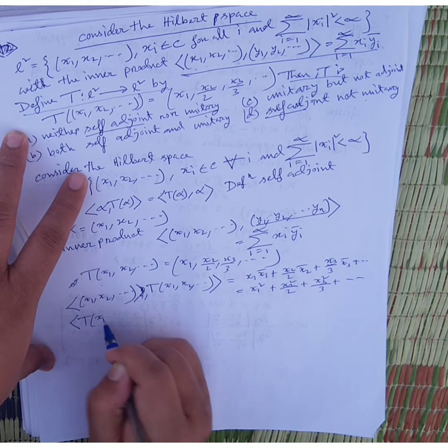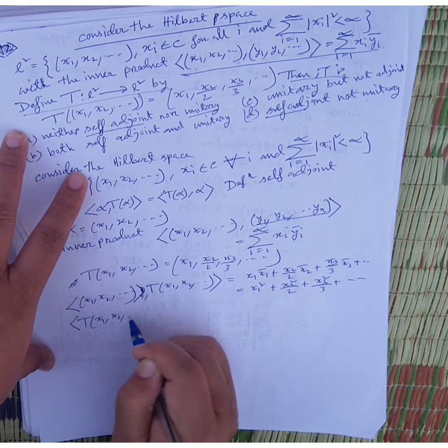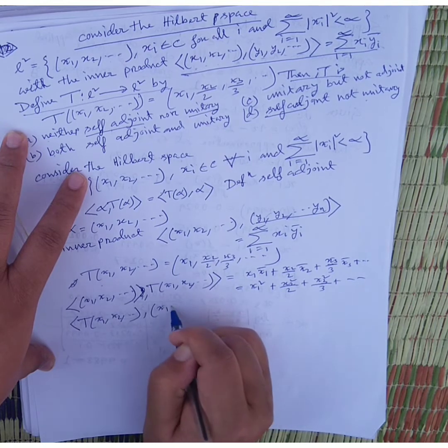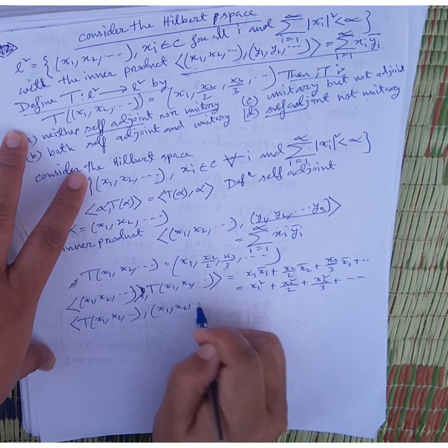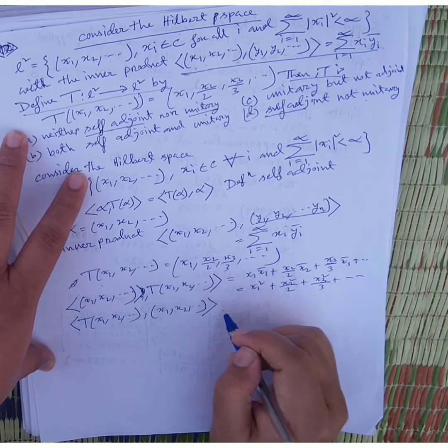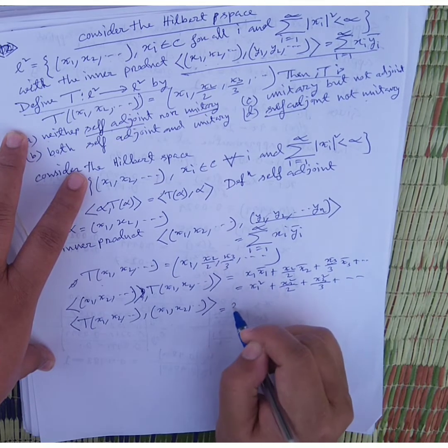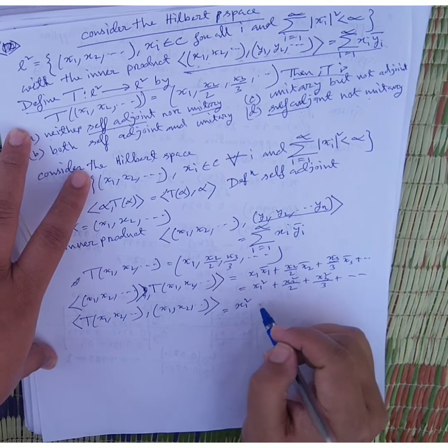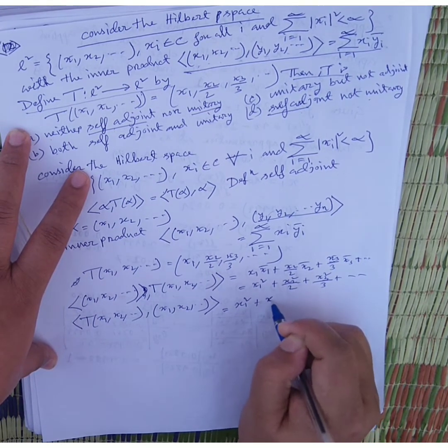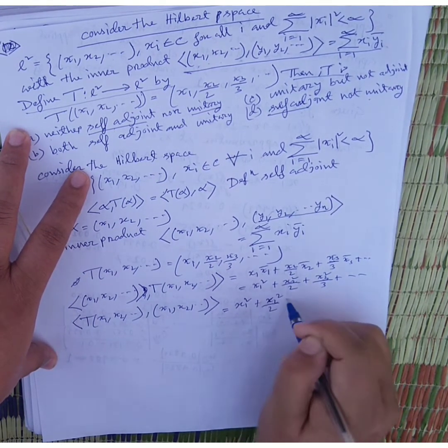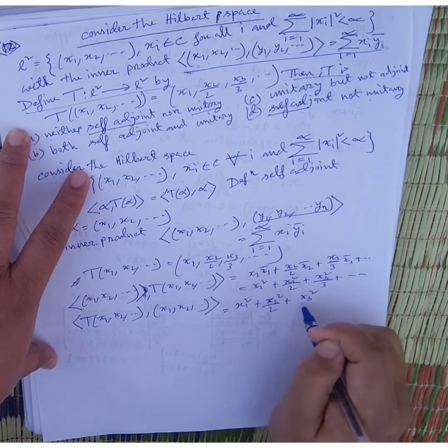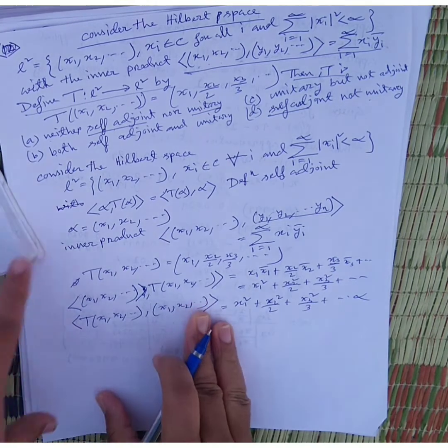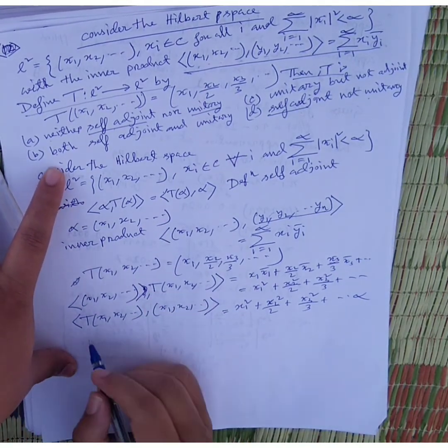Another I have to check: (x1, x2, ...) with T(x1, x2, ...). Then whatever I get is the same value: x1 square plus x2 square by 2 plus x3 square by 3 up to this. So friends, these two are equal.